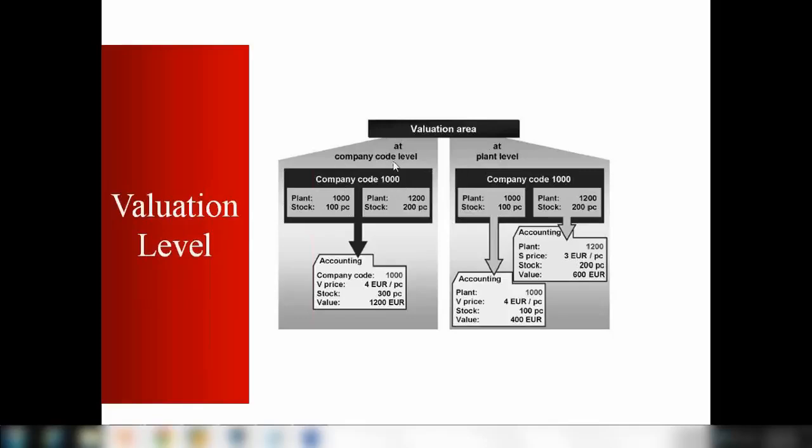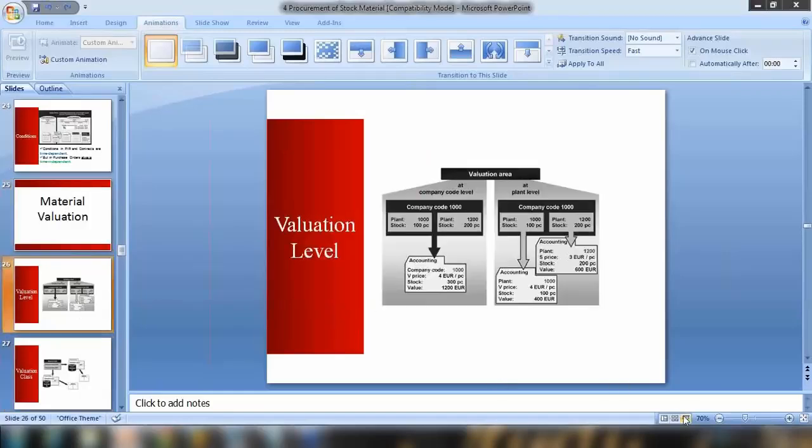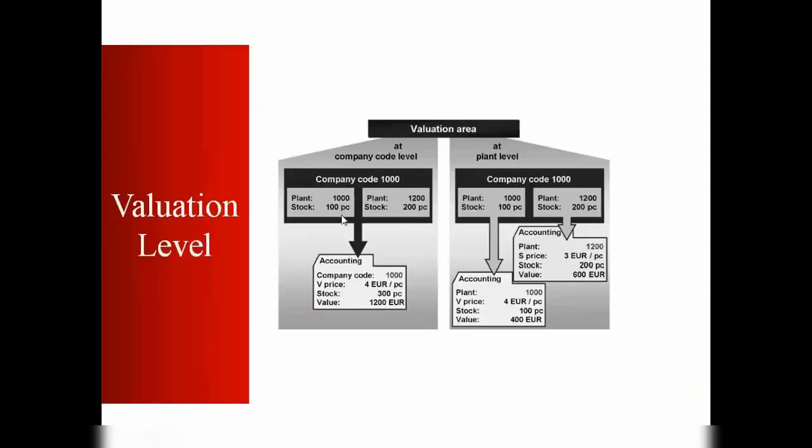If you say company code level, that means if the company code has, say, plant number 1,000, plant number 1,200, between all the plants 100 pieces are there in plant number 1,000, 200 pieces are there in this plant. That means the total stock between both plants will be 300. So at company code level we'll be checking the value for 300 pieces.